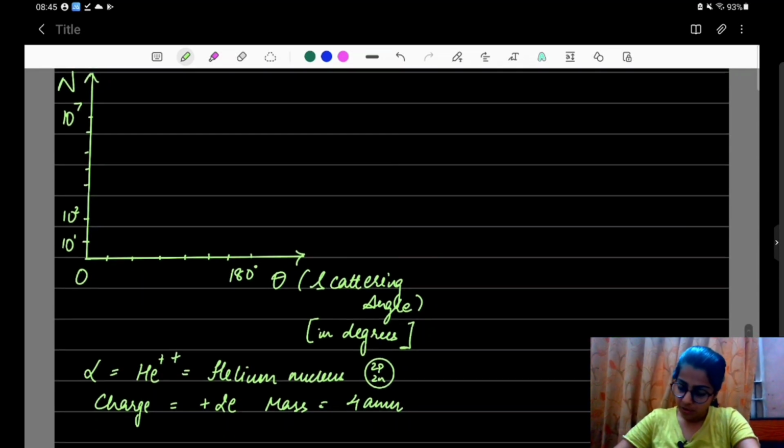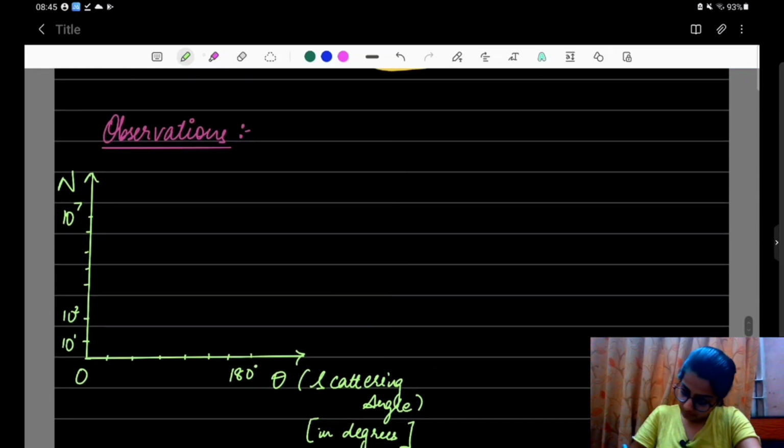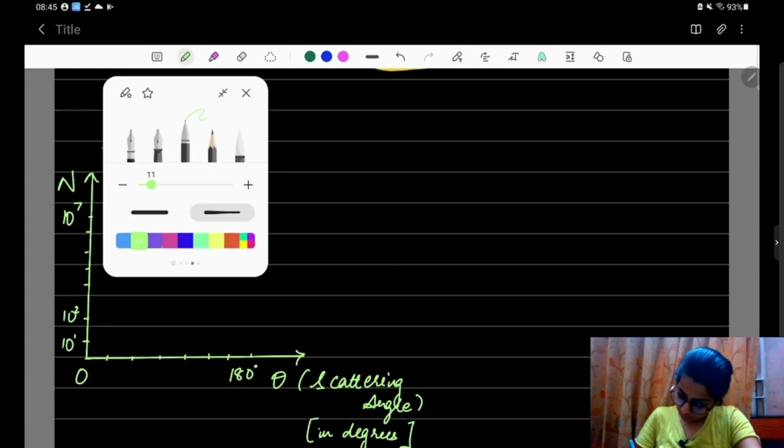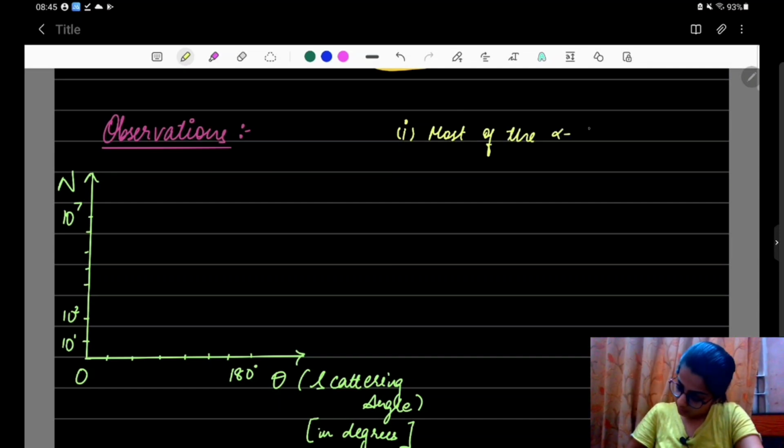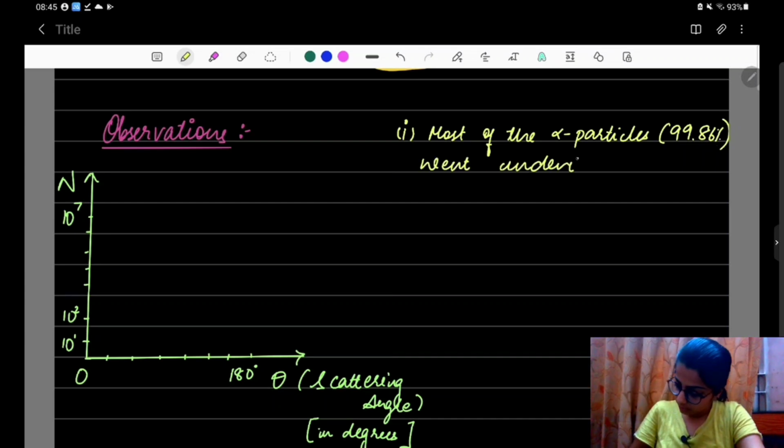The first observation that was made: most of the alpha particles, that is 99.86%, went undeviated. That is, theta is equal to 0 degree, which means they went straight.